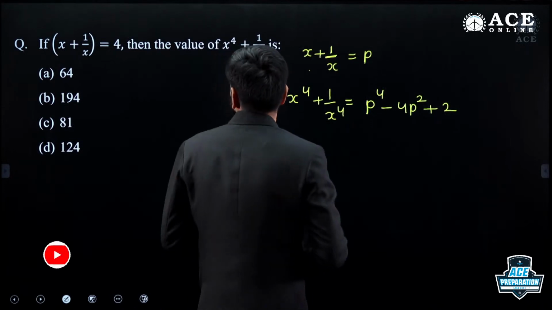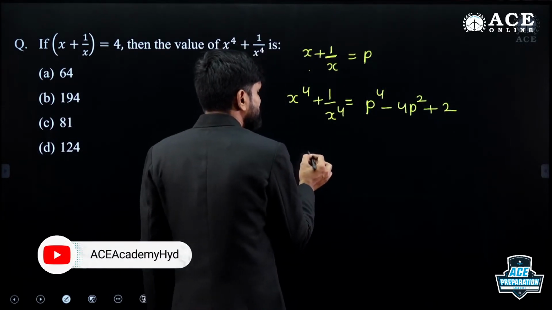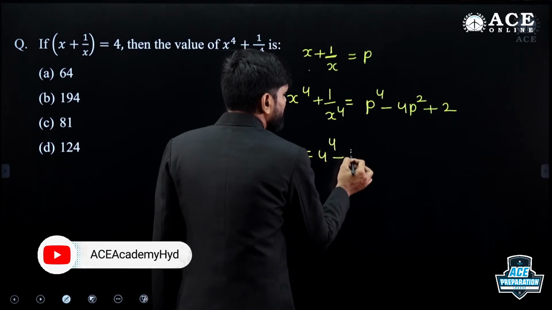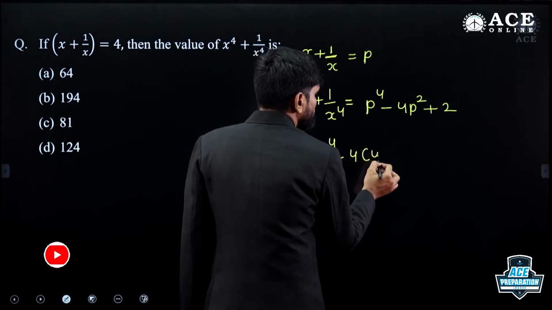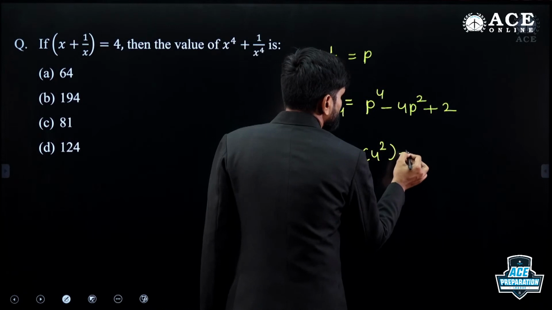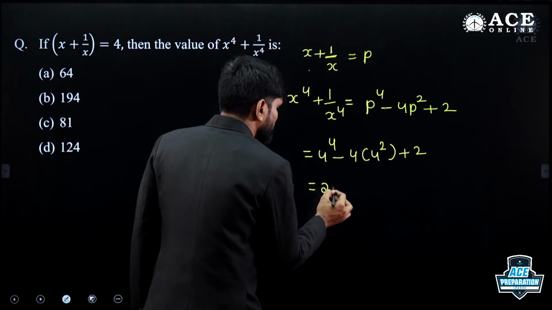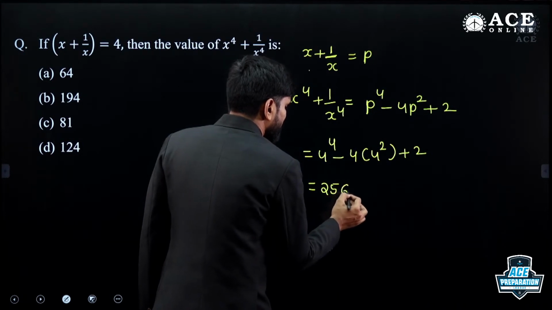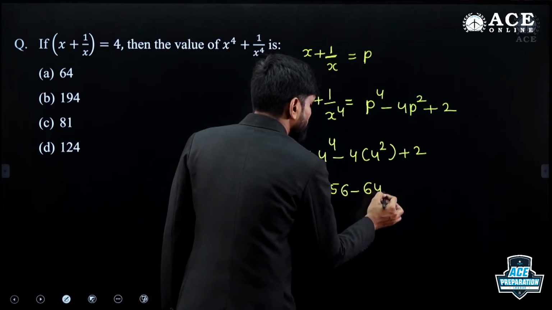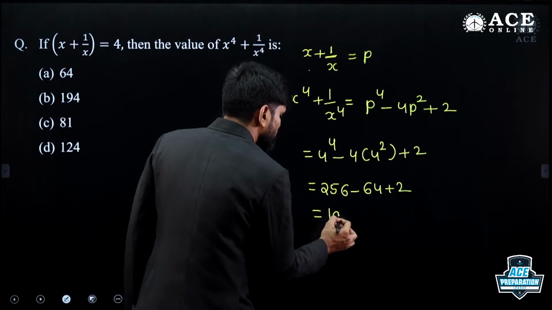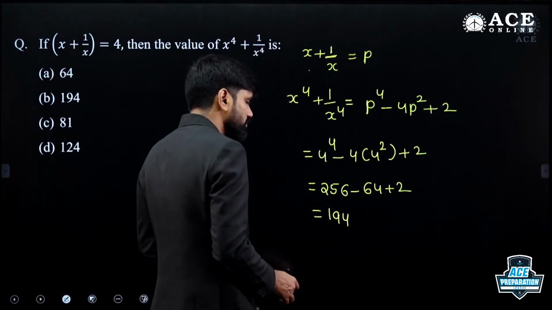Substitute the values here. That is given as 4. I think we have already seen this with the same number. So this will be 4 power 4 minus 4 into 4 square plus 2. This will give you 256 minus 64 plus 2, which is 194.